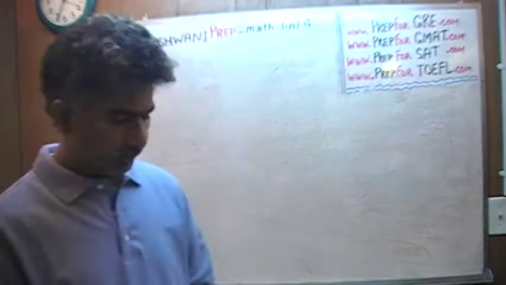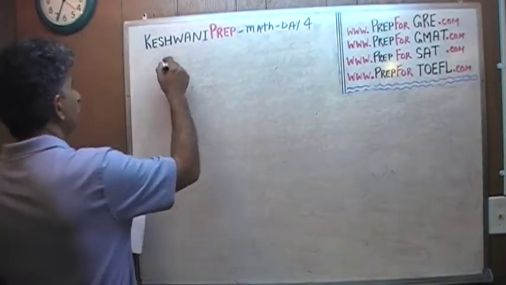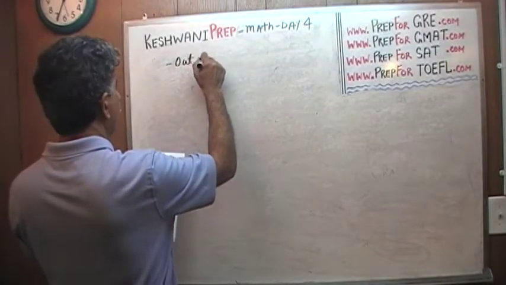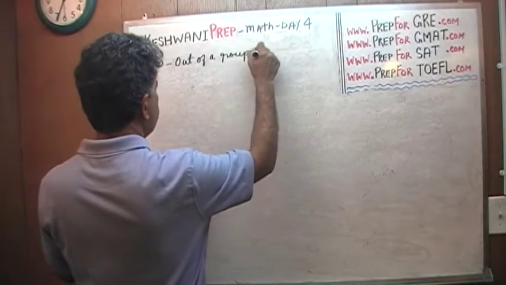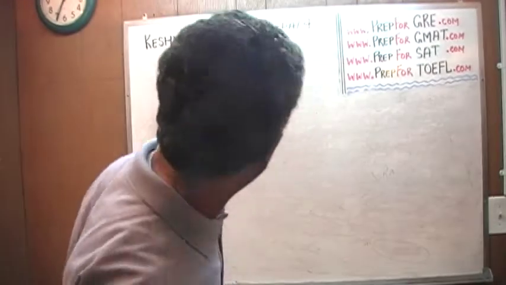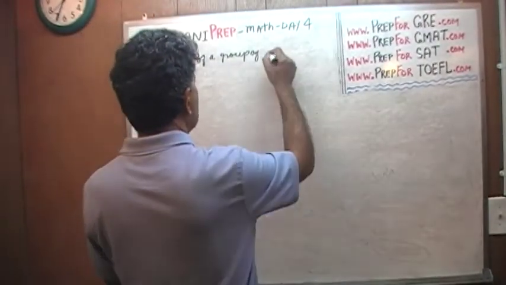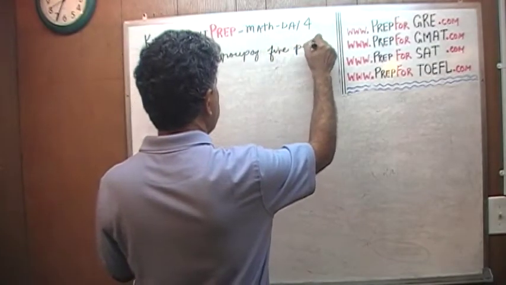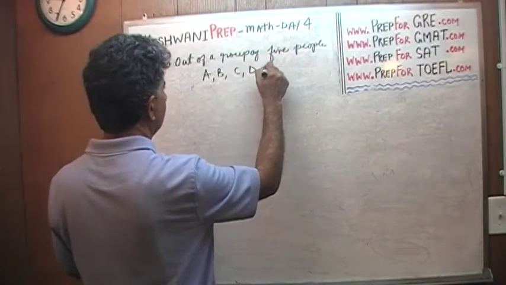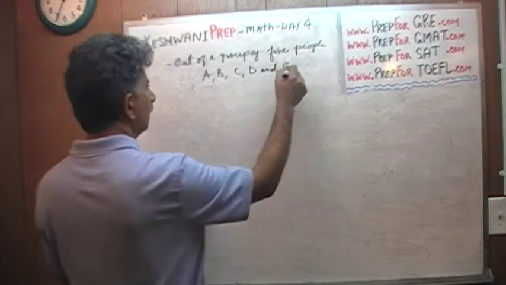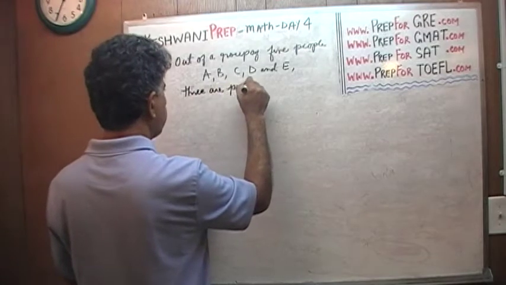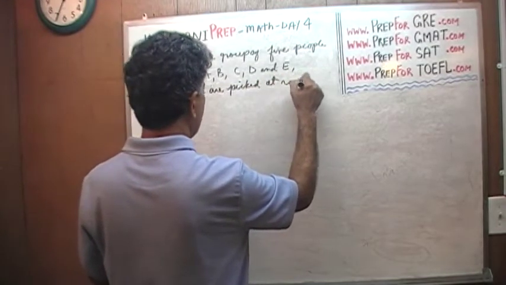Let's put down today's question on the blackboard. We have five people, let's call them A, B, C, D, and E. Three are to be picked at random.